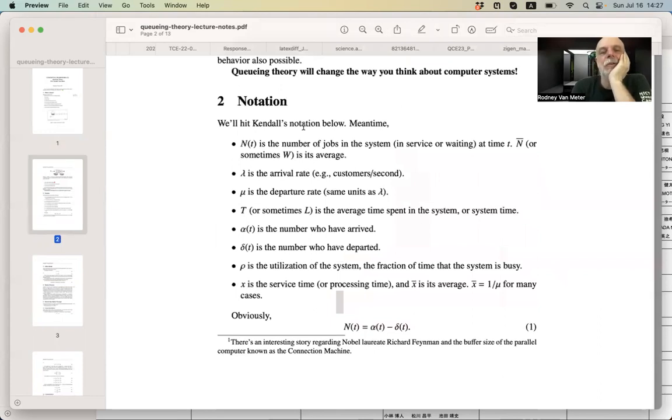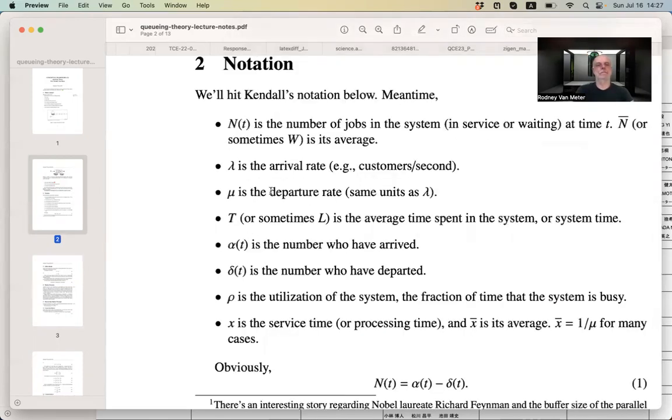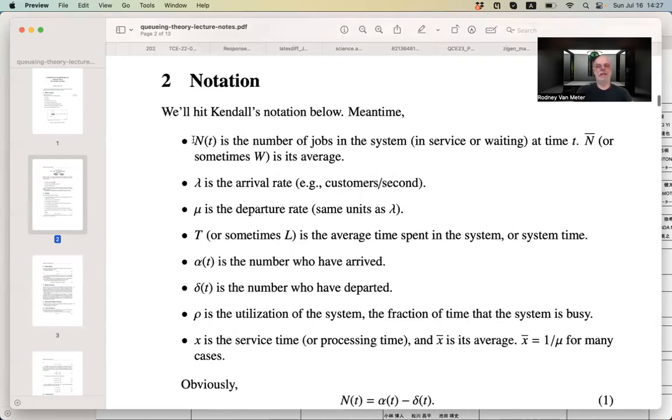Notation. We're going to use a thing called Kendall's notation, which we'll discuss in a minute. Before we get there, N of t will be the number of jobs in the system that are either currently being worked on or waiting to be worked on at time t.